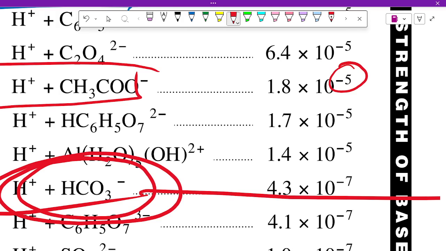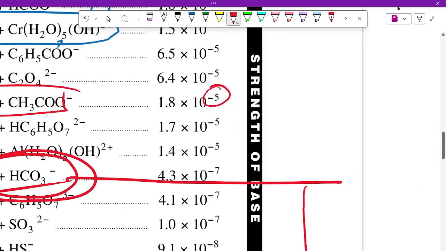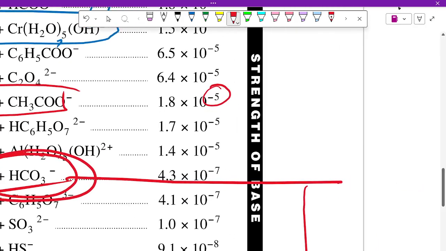Okay? And the reason for that, and if you remember from yesterday or from the day before, because we actually did this the day before yesterday, do you remember when we were at the half equivalence point? What is true at the half equivalence point?